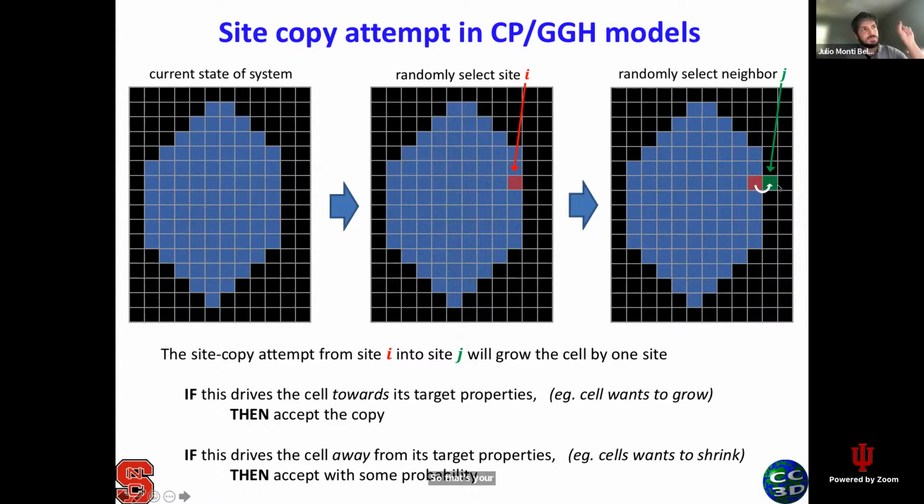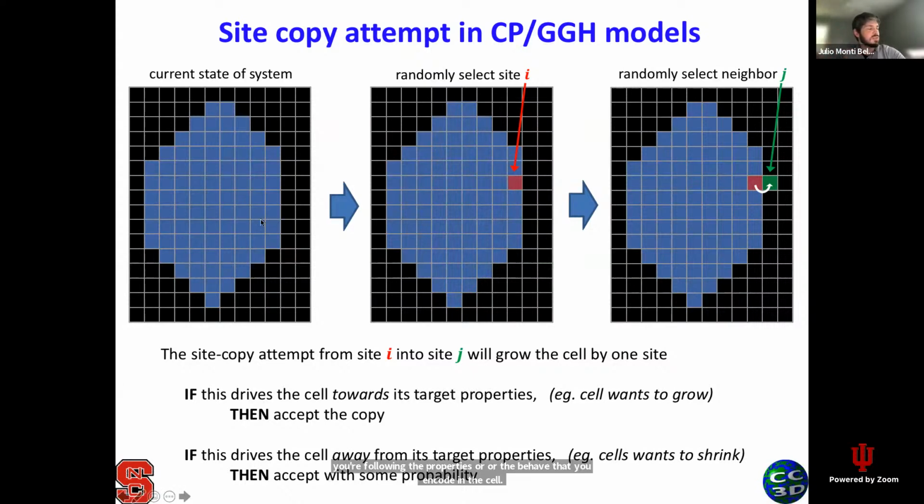And then you see if this J site is occupied by something other than the cell, maybe occupied by another cell, maybe it's occupied by nothing, another object or the medium, then you can try to copy whatever is here into this. So that's going to be a site copy attempt that happens in Compucell3D. So you may or may not make this copy depending on the properties or the behaviors that you encode in the cell.